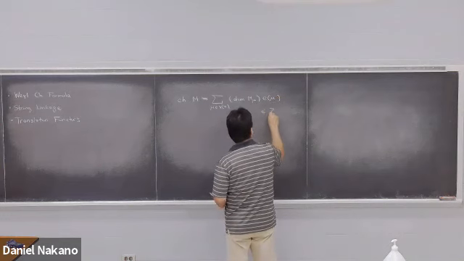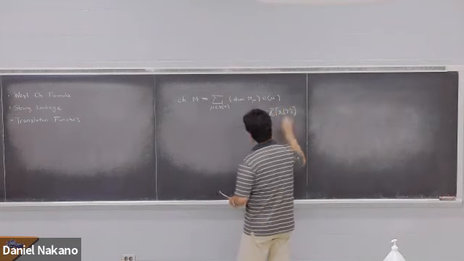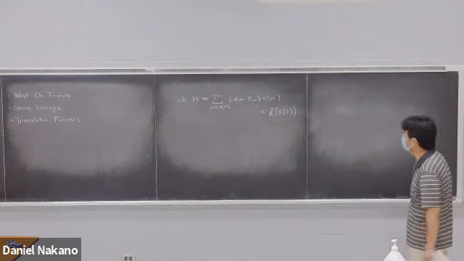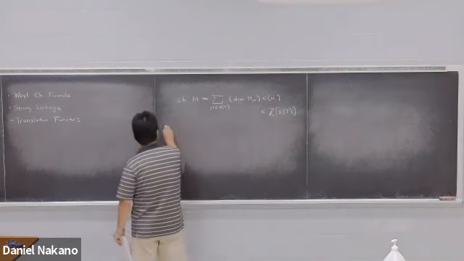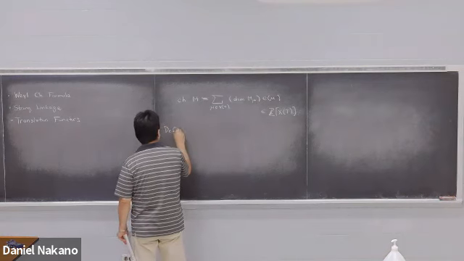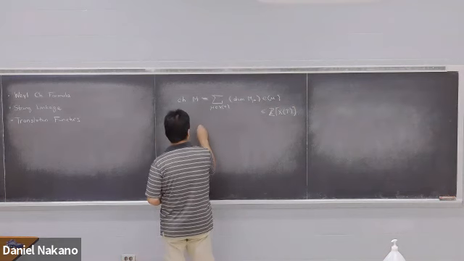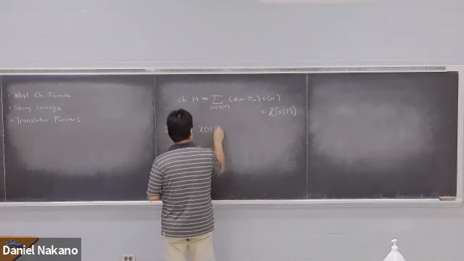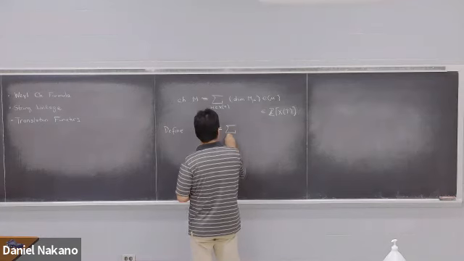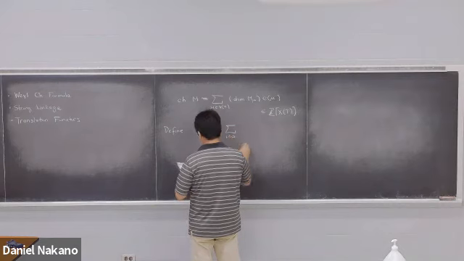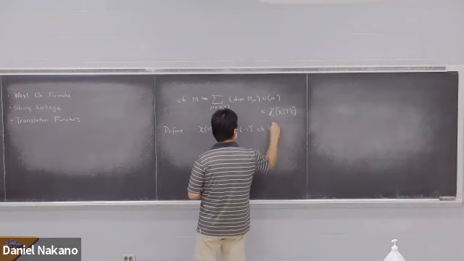This is an element of the group ring. Then I'm going to define the Euler characteristic, χ(M), as the sum over i greater than or equal to 0 of (-1)^i times the character of H^i(M).